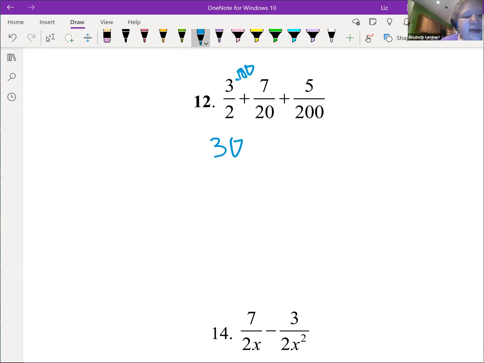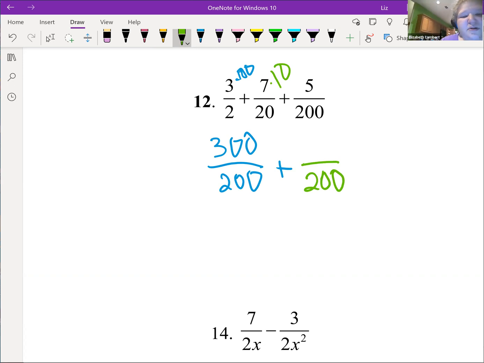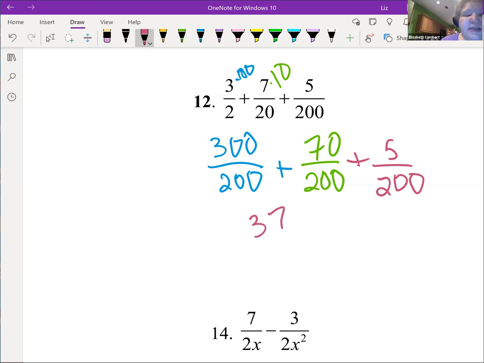So we have 300 over 200 plus, and then this is going to get multiplied by 10. So 70 over 200 plus, and then this one already has 200, so we leave it. So 300 things plus 70 things plus 5 things is 375/200ths.